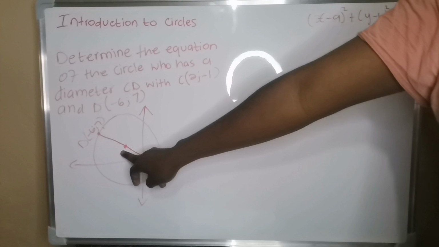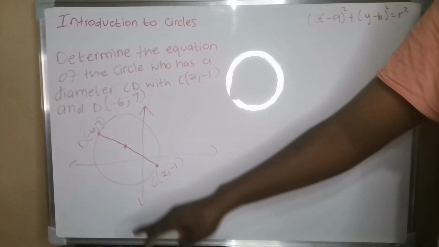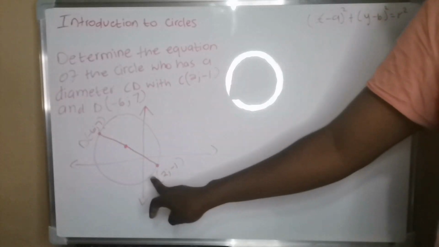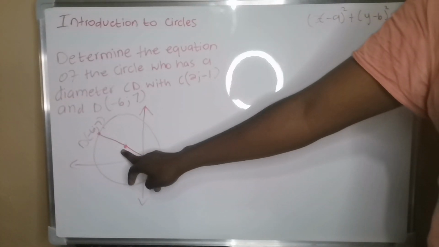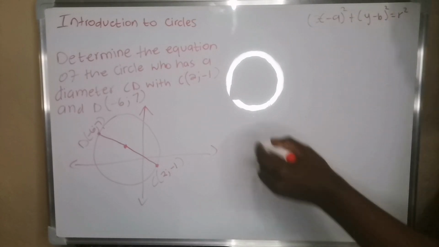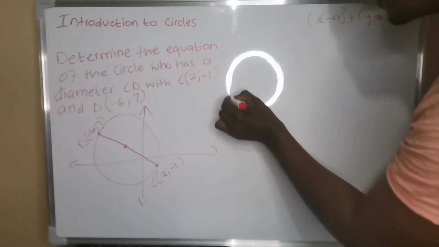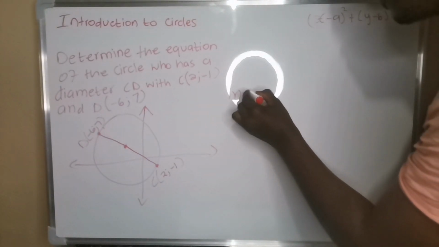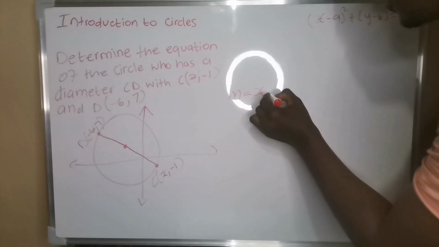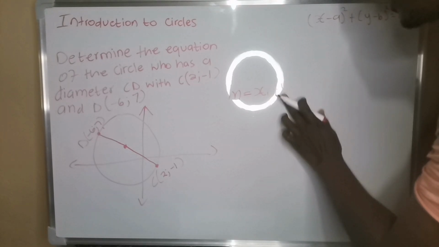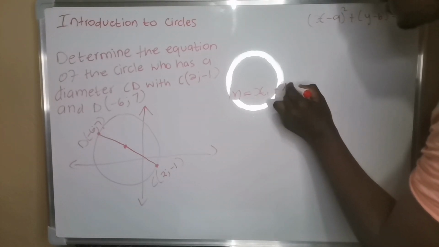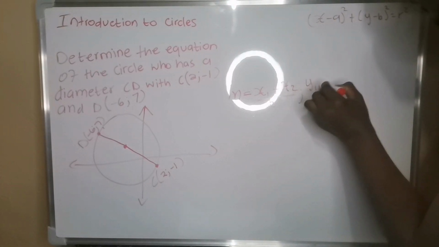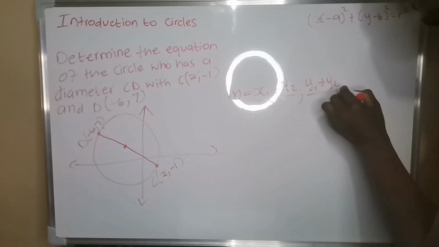If you have the center, we use the midpoint formula. We are given the coordinates of D and C, so we can find the coordinates of center M. The midpoint is (x1 plus x2) divided by 2, and (y1 plus y2) divided by 2.